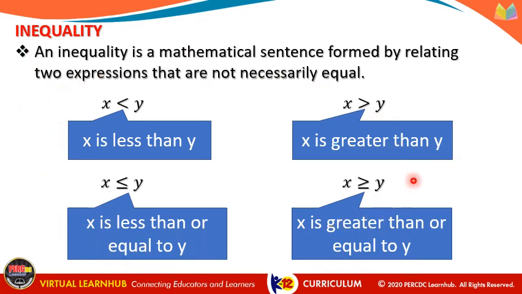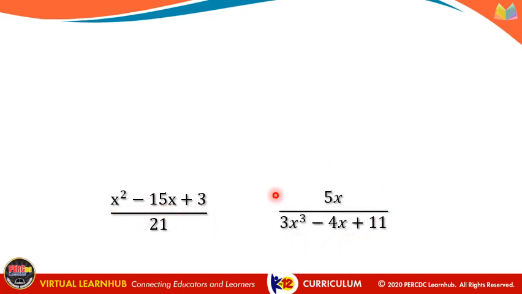So since na-review na natin kung ano ang inequality, let's now go to rational inequalities. So again, let's take two rational expressions. All right. So let's say you have x squared minus 15x plus 3 over 21. Let's have another rational expression, 5x over 3x cubed minus 4x plus 11.